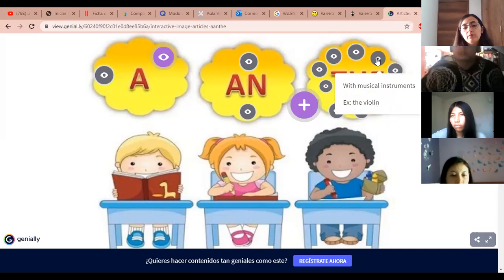So when you're talking about maybe a guitar or something like that, you can use this article before. The guitar, the violin, the drums. Los tambores. También justo delante de los instrumentos musicales, en algunos casos pueden ocupar este artículo the.